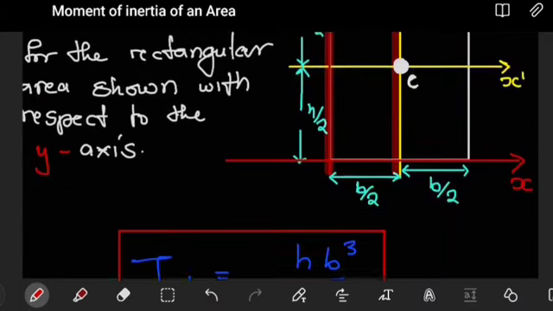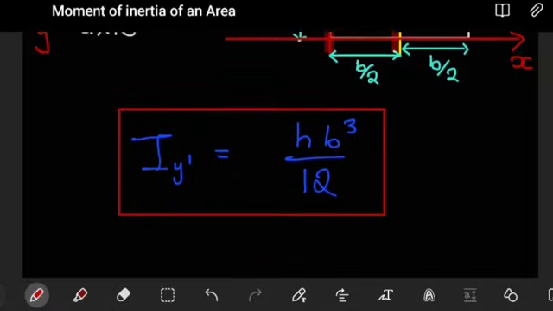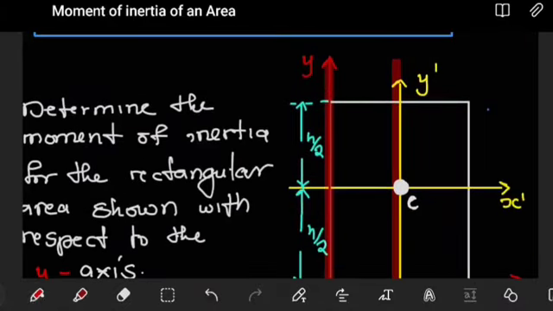Now, what does the parallel axis theorem tell us? It tells us that the moment of inertia about the y-axis can be found by adding to the moment of inertia about the axis parallel to the y-axis passing through the centroid, the y prime axis, the area of the entire shape, in this case a rectangle, multiplied by the distance between the two parallel axes squared.